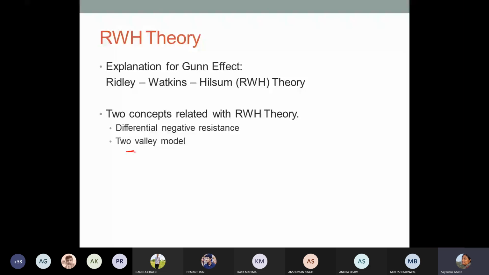So we came across the name of gallium arsenide before, right? While studying the different basic structures of semiconductors, you came across this particular material. And what was the importance of this material?